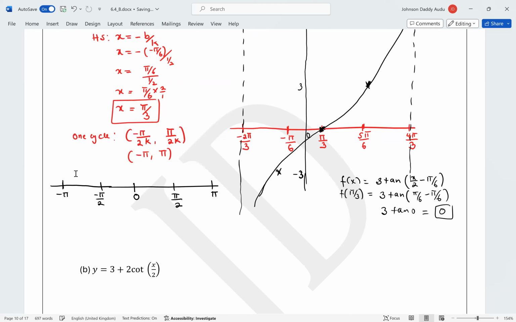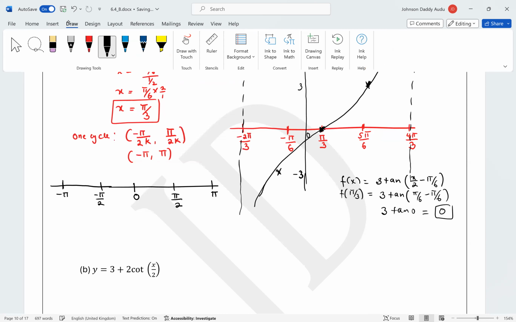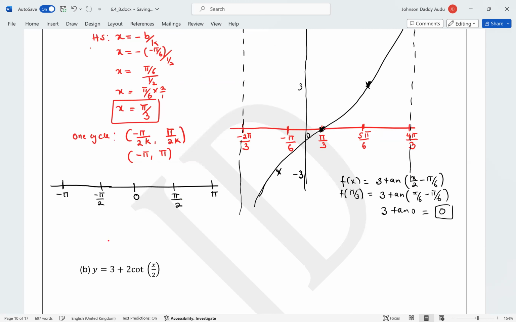Then what we did was that for each interval, we added pi over 3 because this is shifted to the right. So you have to add pi over 3 to each of the intervals, and here also we added pi over 3.